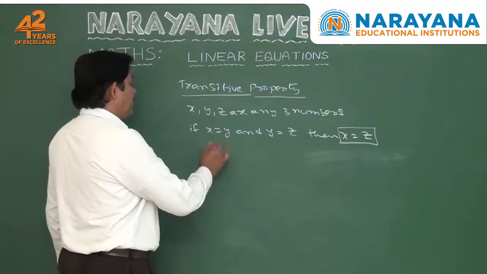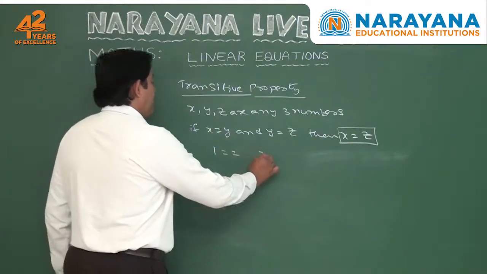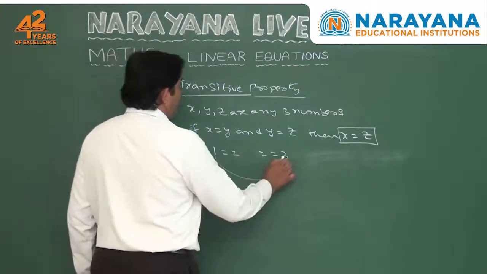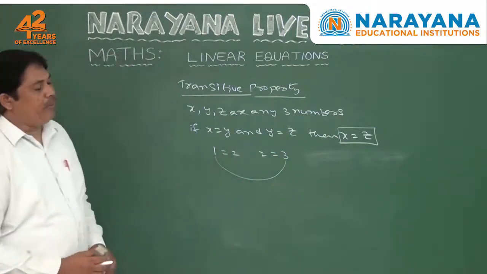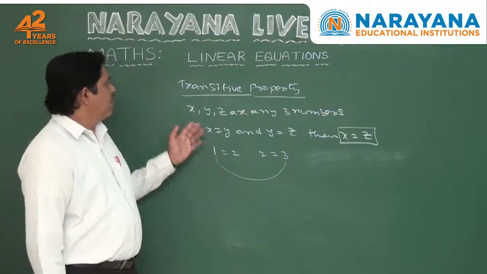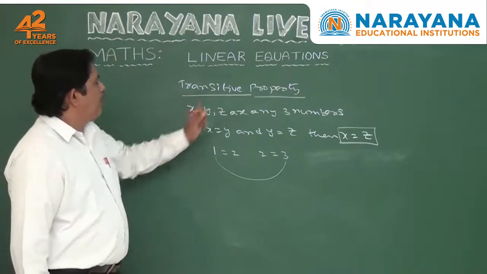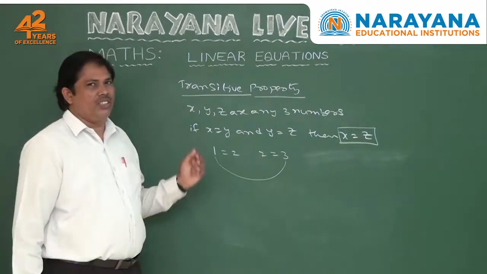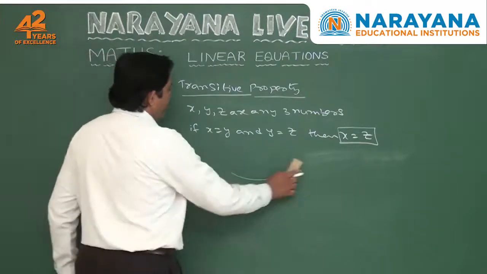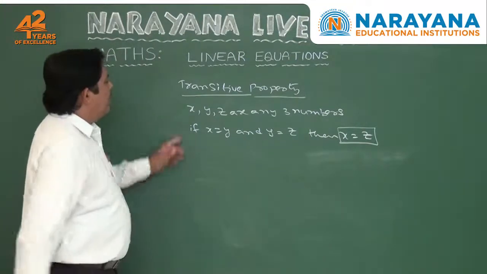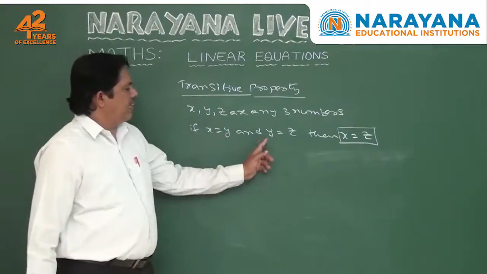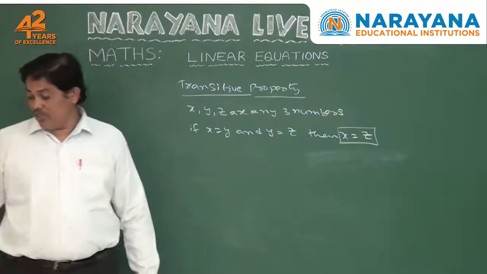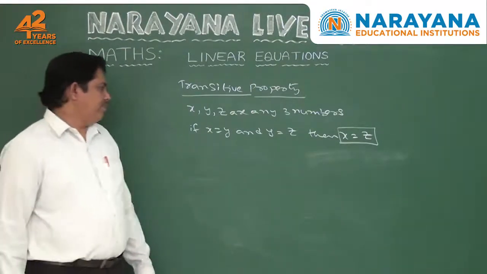If the first one is a brother of the second, and the second is a brother of the third, then the first person is also a brother of the third person. Relations like 'brother of' follow the transitive property.